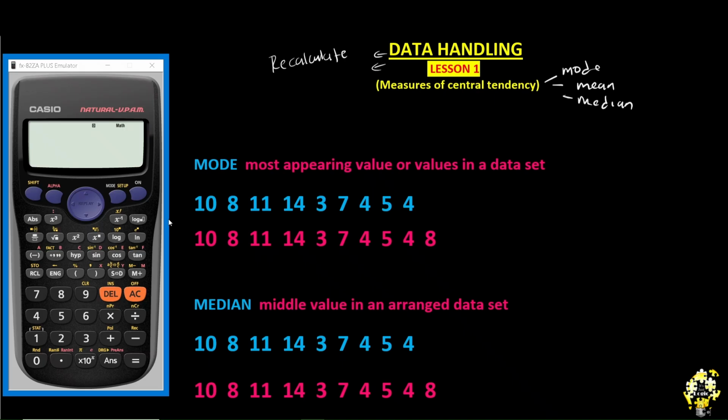And number 2, it is important to always arrange your data. Now, there are 2 ways in which your data can be arranged. The first one is ascending order. To arrange your data in ascending order is simply to arrange it from the smallest value to the biggest value.